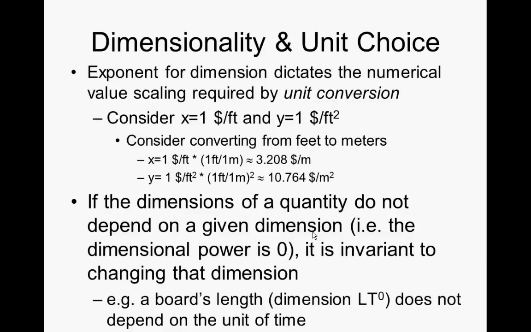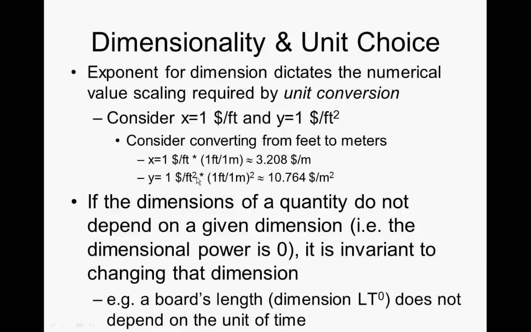I wouldn't just multiply by 3.208, which is the number of feet per meter. Instead, I have to multiply times that squared because of this square here, the fact that this is dollars per length squared.